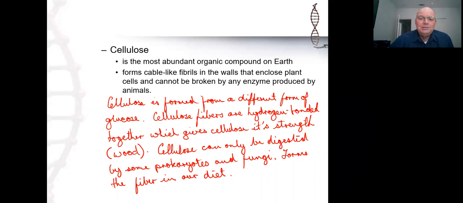And so taking in fruits and vegetables, getting the cellulose, getting the fiber in our diet, it is beneficial. It's known to inhibit the uptake of fat, to inhibit the uptake of cholesterol, to provide volume in our diet so that our digestive tract moves and the food in it moves through freely.